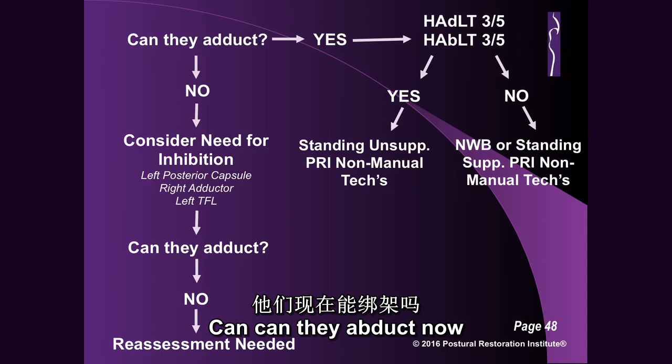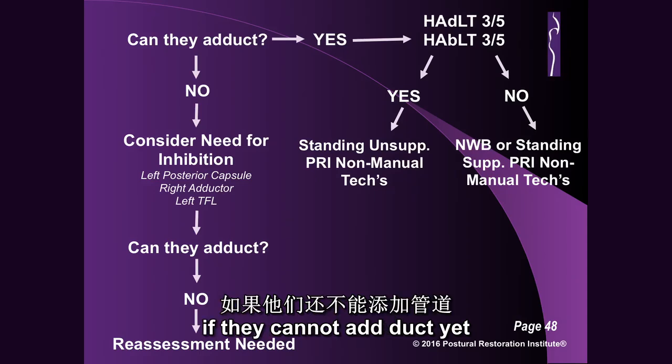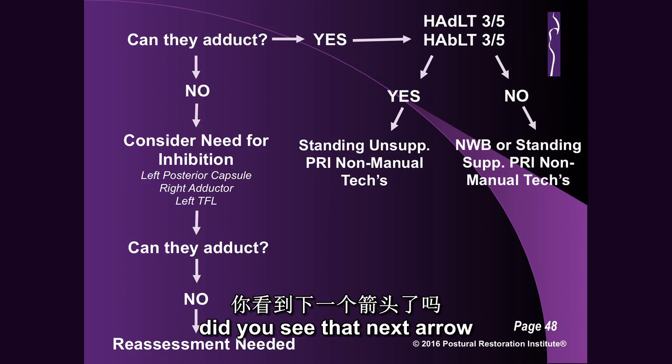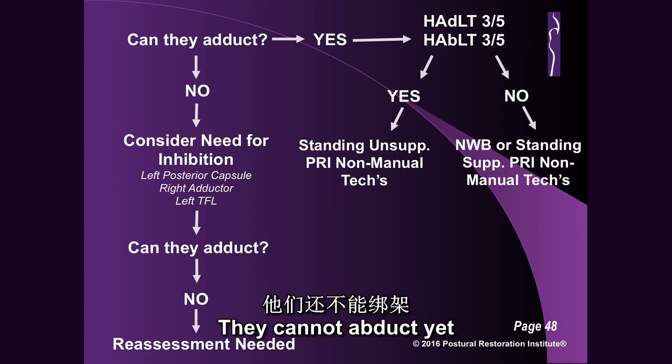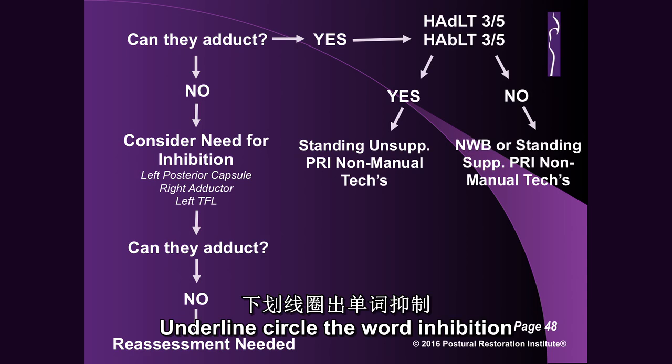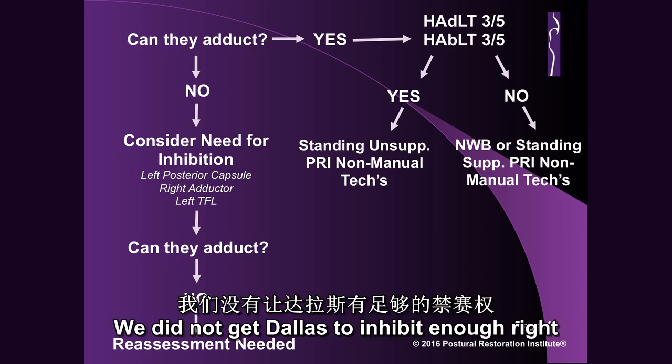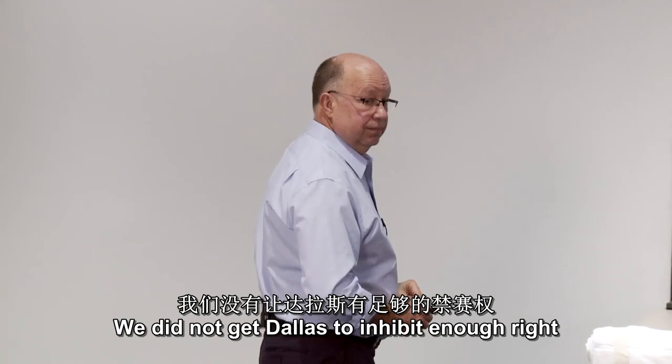Can they adduct? Yes. Now, if they cannot adduct yet, did you see that next arrow? They cannot adduct yet. Underline, circle the word inhibition. We did not get Dallas to inhibit enough. Right, Drew?